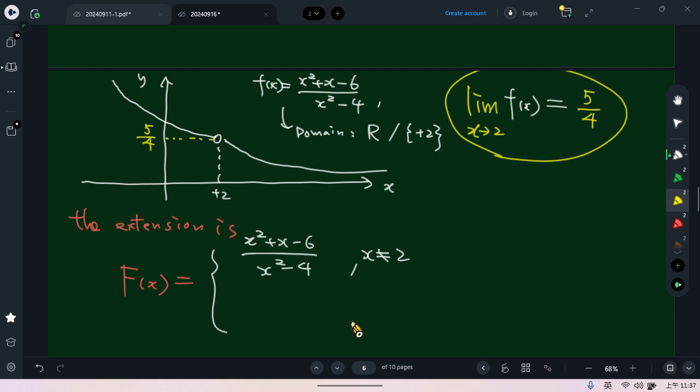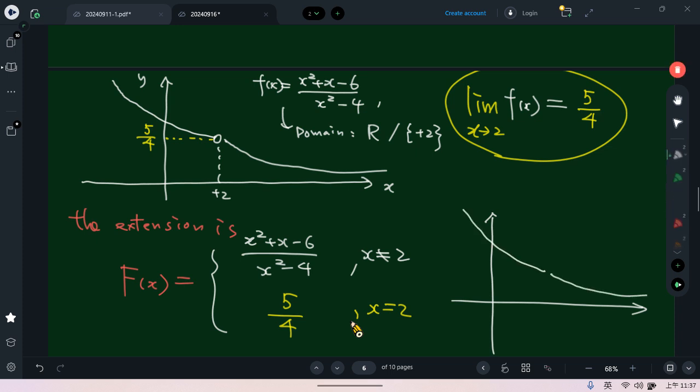But if x is equal to 2, we force it to become 5 over 4. This is a new function.